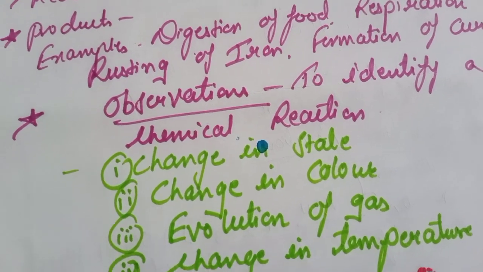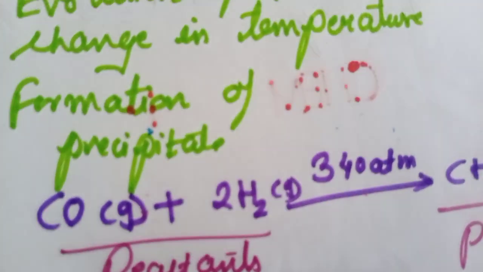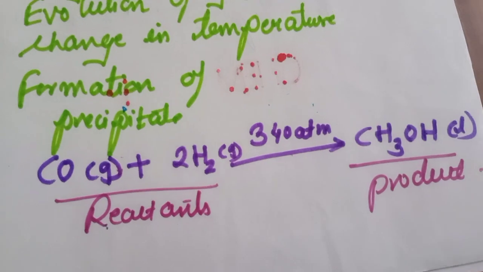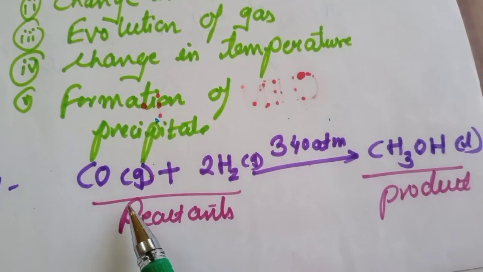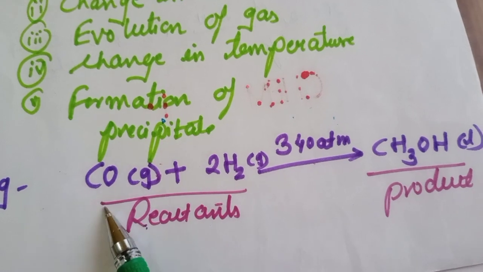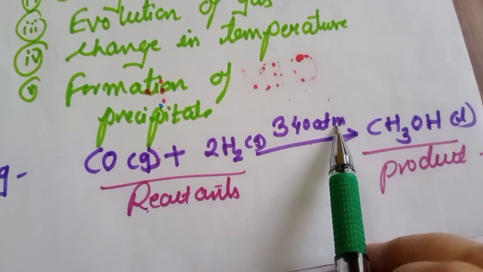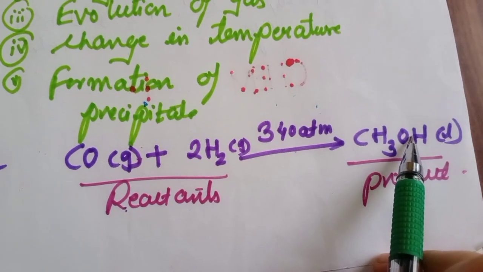Now, we'll see how to write a chemical reaction. A chemical reaction is written in this form. We write the reactants on the left hand side, then an arrow, and the products on the right hand side.